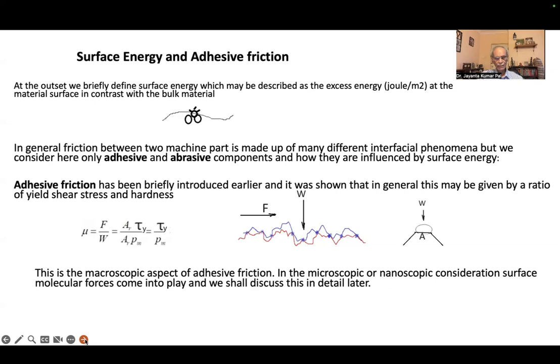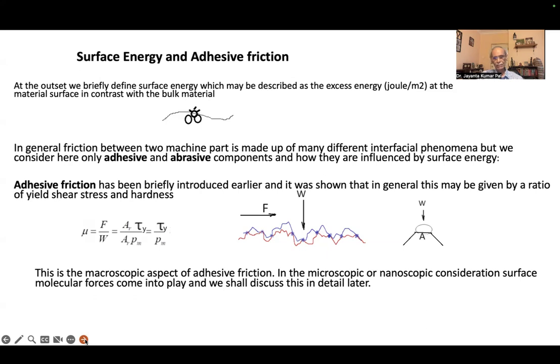Now, this we can see more clearly in the small picture here, where we have shown a hemispherical asperity being loaded by load W, and it creates a surface at the contact A. Or this area is the real contact area.